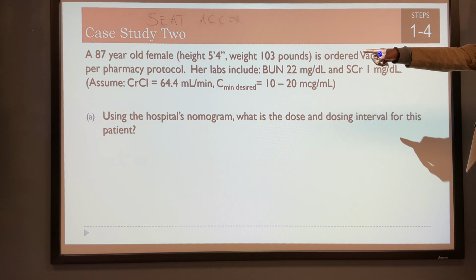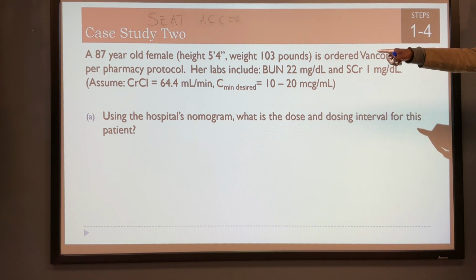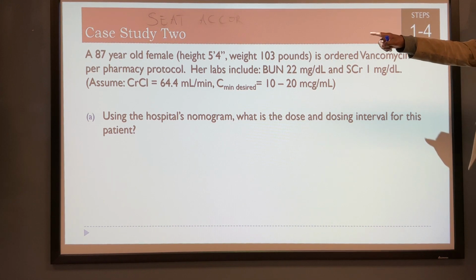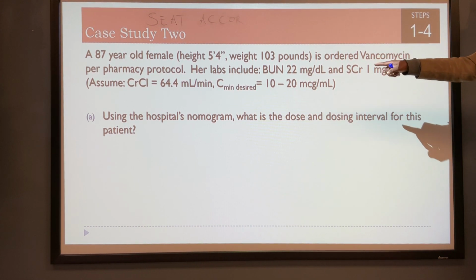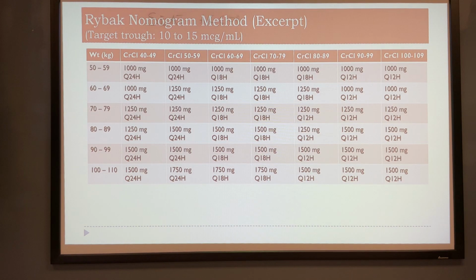We already see that they have a 64.4 creatinine clearance, and they are 103 pounds. So we're here, 103 pounds. We said 60. So here's what our dose and dosing interval should be: 1,000 milligrams every 24 hours.